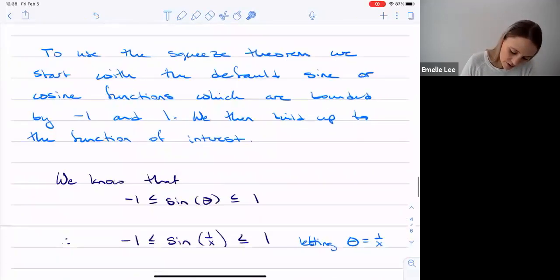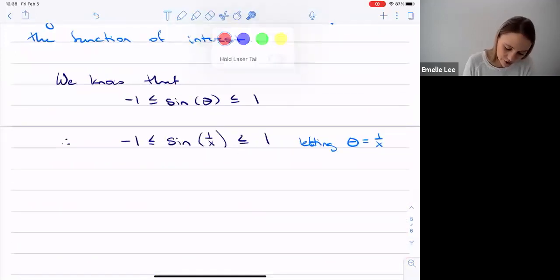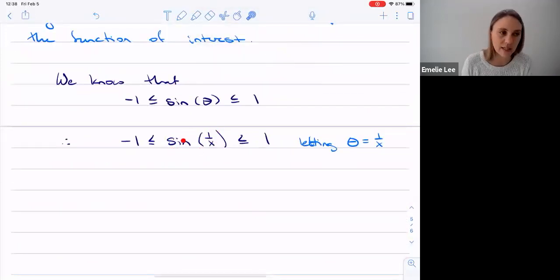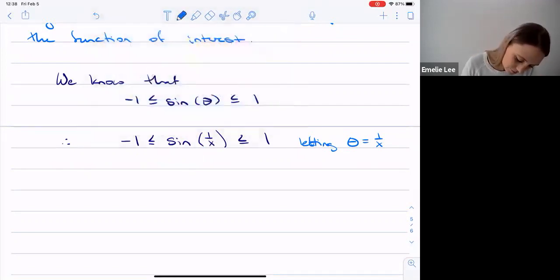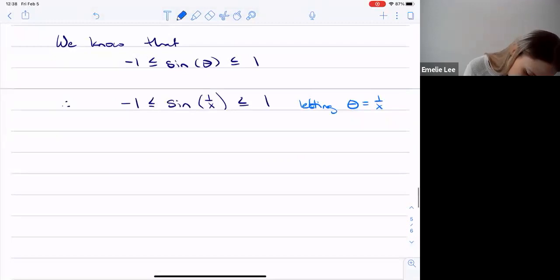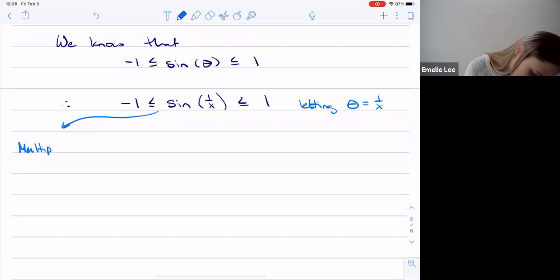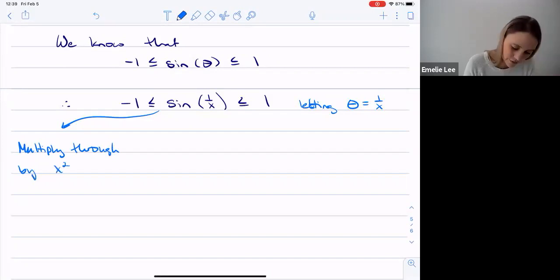Just remember that you're trying to get this to look like the function that you're given. And to get there, we're missing the x squared. So we need to multiply through by x squared.